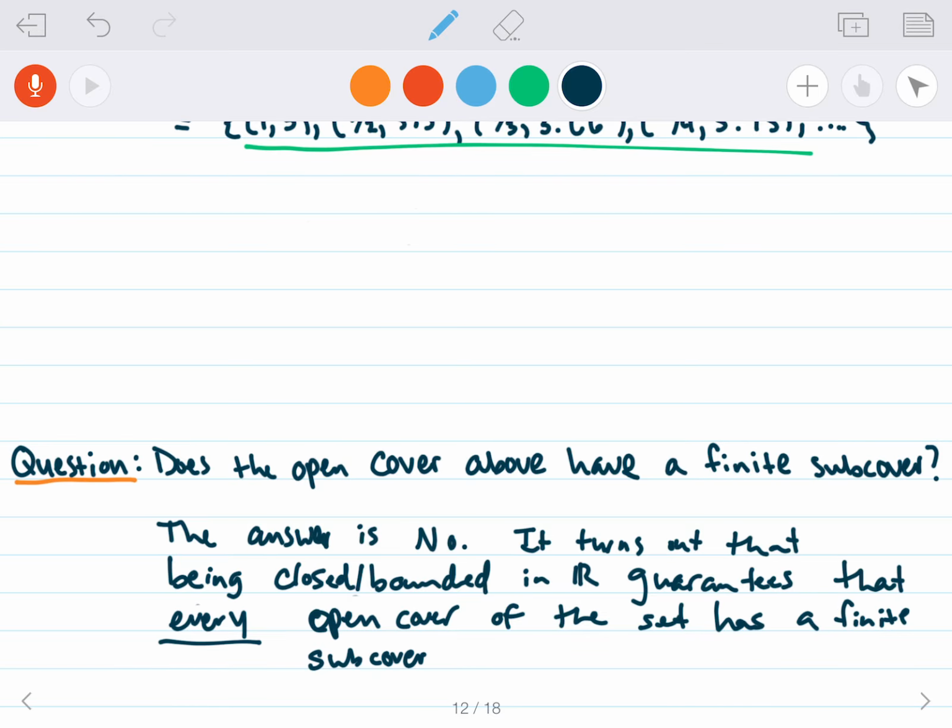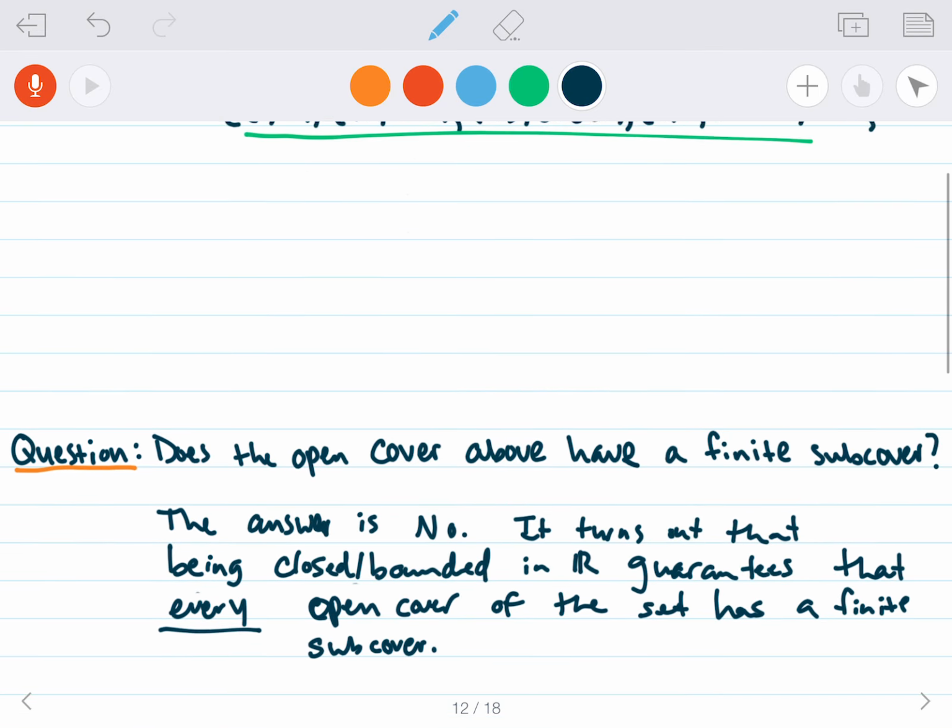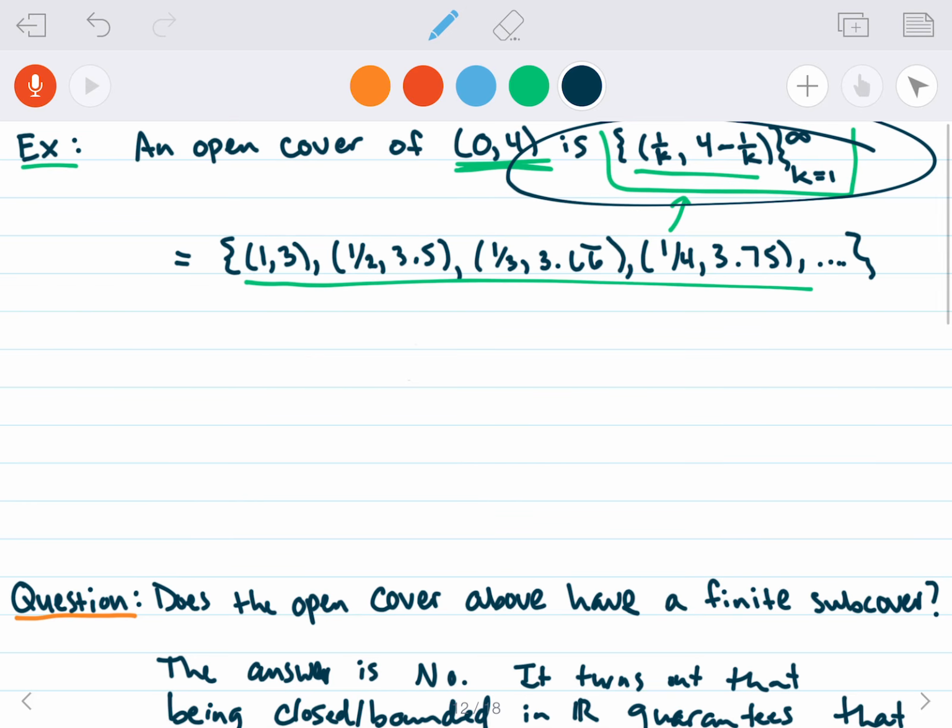Now, here's the point. If we have an open interval, not every open cover is going to have a finite subcover. Some open covers will. For instance, I can make up an open cover that's finite.